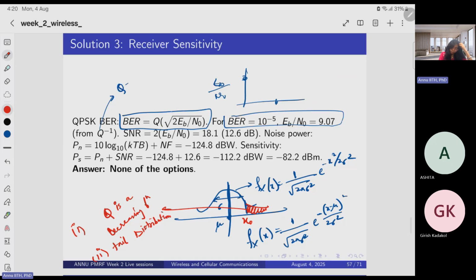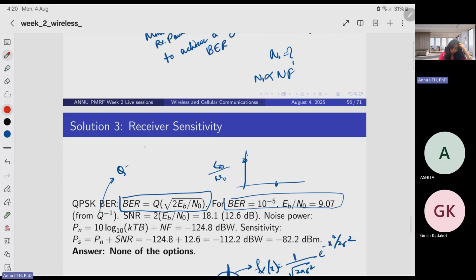So that's why, whenever we are having a BER, the BER of ASK, amplitude shift keying, and frequency shift keying: for PSK it is Q of root over 2 Eb by N0, FSK is Q of root over Eb by N0, and ASK is Q of root over Eb by 2N0.